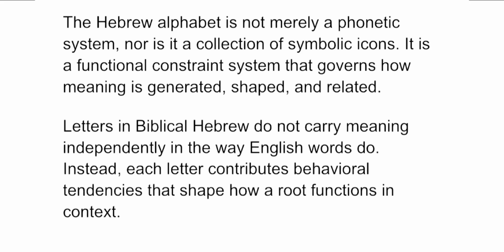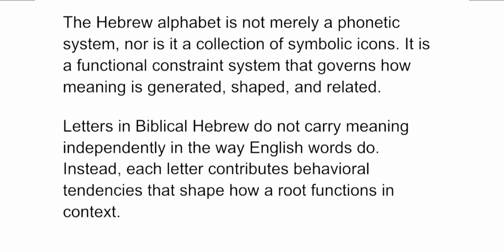The Hebrew alphabet is not merely a phonetic system, nor is it a collection of symbolic icons. It is a functional constraint system that governs how meaning is generated, shaped, and related. Letters in biblical Hebrew do not carry meaning independently in the way English words do.